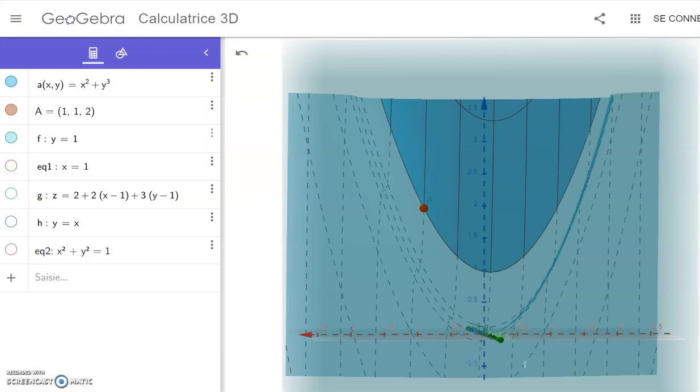I don't know why I lost my pen, but let's go back to the drawing. The line at the intersection is the one where y is fixed at the value 1, and this curve, of course, has a derivative. We can compute the derivative of that curve, and it indicates the slope of the tangent at the point A. This is given by df over dx.